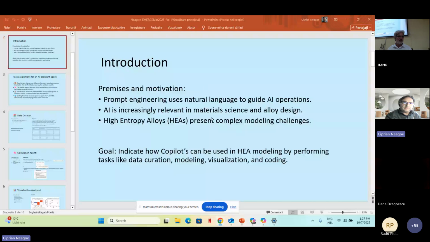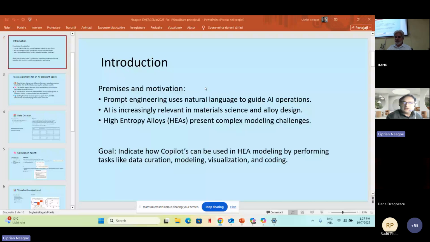So then I was thinking how to put this to work. What I am showing you is not a real simulation of a model, but just how to put a simple chat like Copilot to work. And I will show you how it looks.